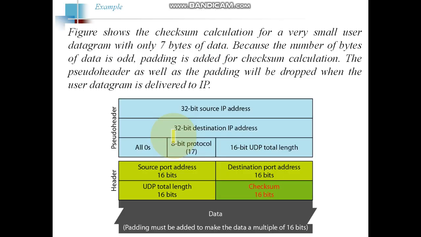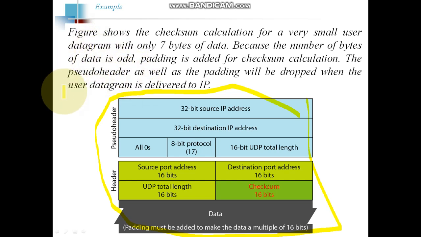This is a whole packet which is sent by UDP. In UDP, it is a datagram. The figure shows the checksum calculation for a very small user datagram with only 7 bytes of data.